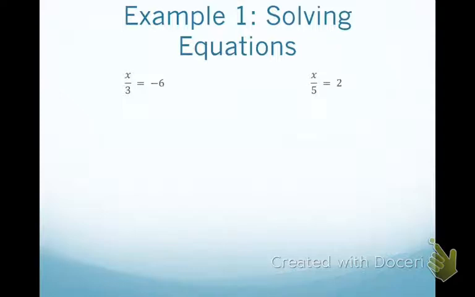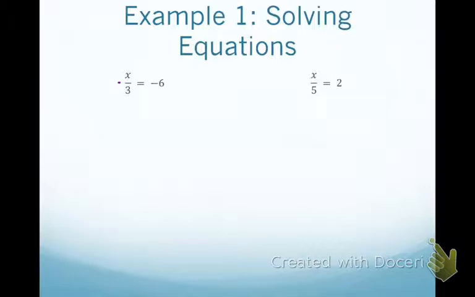So because division is connected to my variable, I need to do the opposite operation in order to get the x by itself. Again, that's my ultimate goal. So whatever number is connected to my variable, that's what I multiply both sides by.